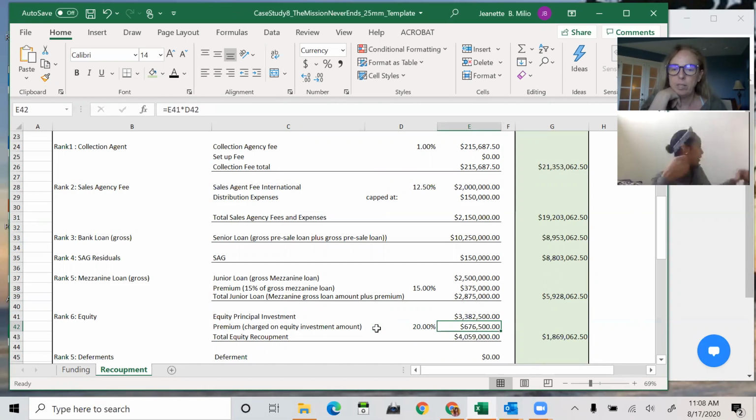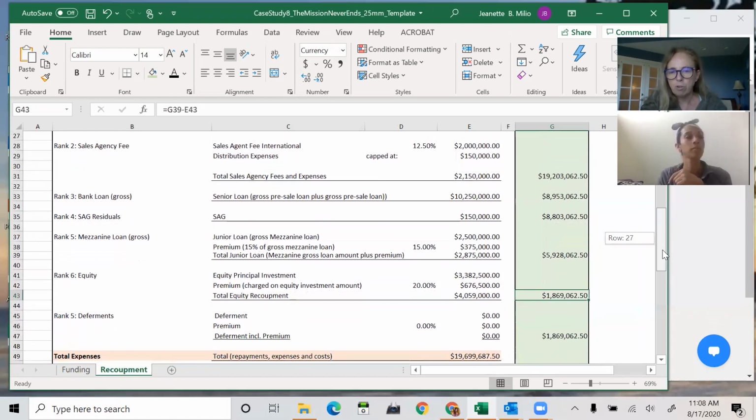We're moving the equity over, and it says in our case study that we have to pay the equity investor a 20% premium. So I'm just adding the premium here to the equity. You've done this before, so you know. So now we know we're paying the equity $4,059,000. That's what we have to pay. So now we're down to $1,869,062. That's where we are right now in our recoupment waterfall.